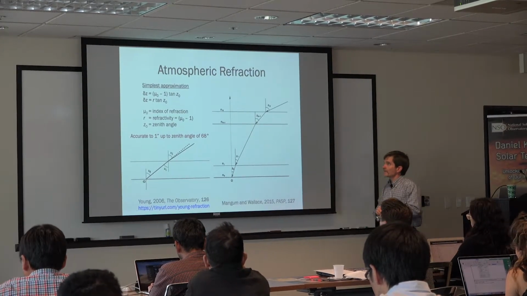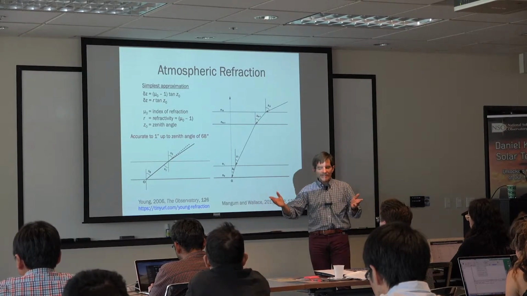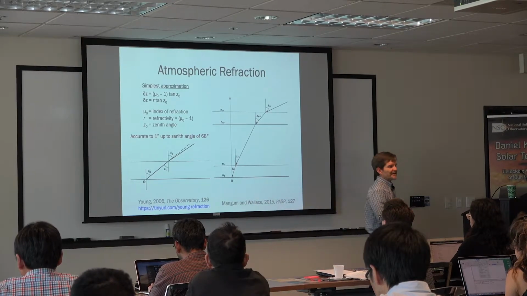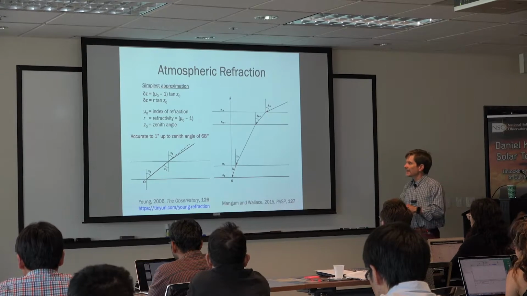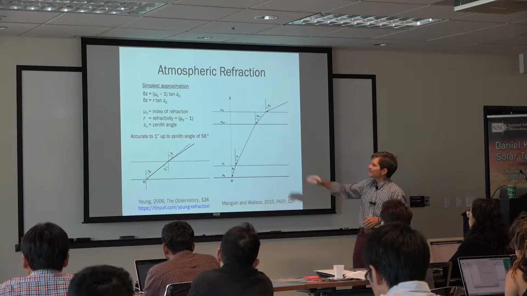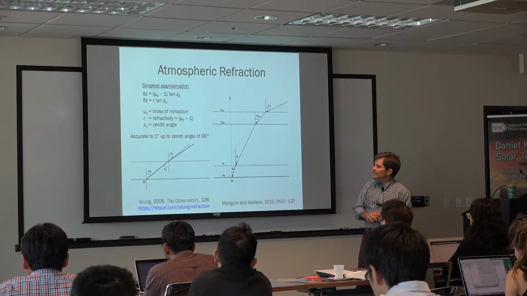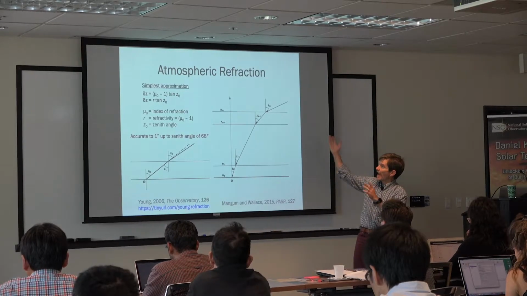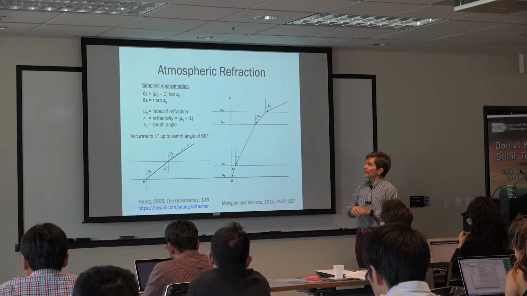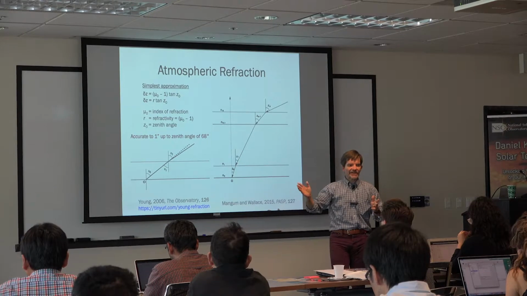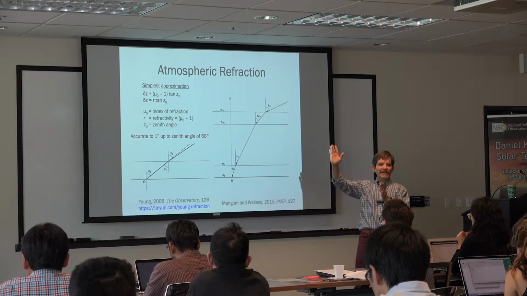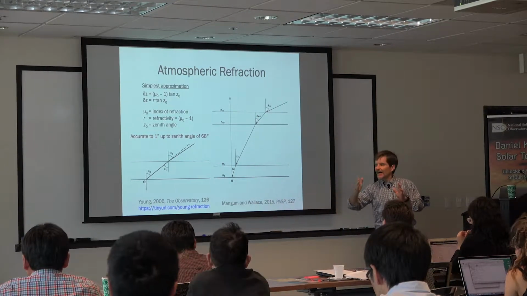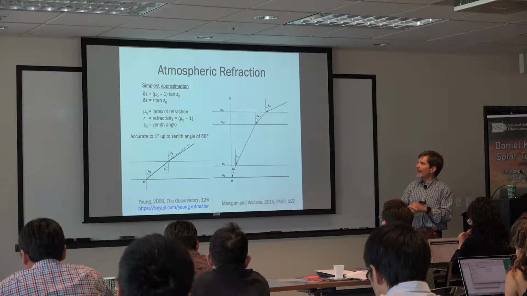The simplest approximation is to treat the atmosphere as a simple plane parallel horizontal atmosphere, and you can use the simple Snell's law, and you can get this very simple approximation up here using the tangent of the zenith angle. That's the angle away from the zenith of the object that you're looking at.